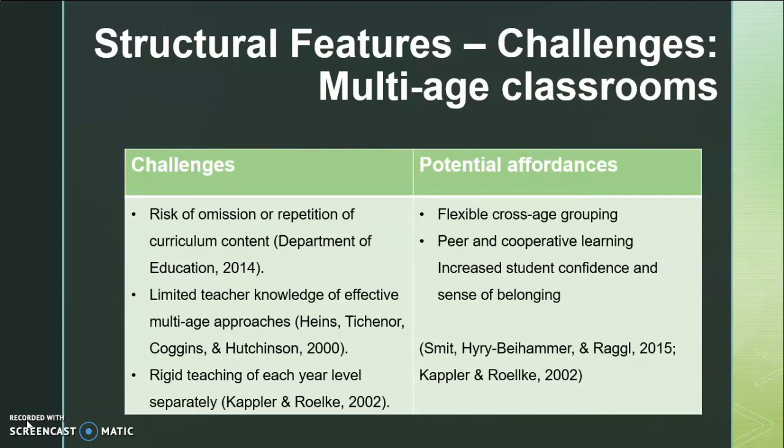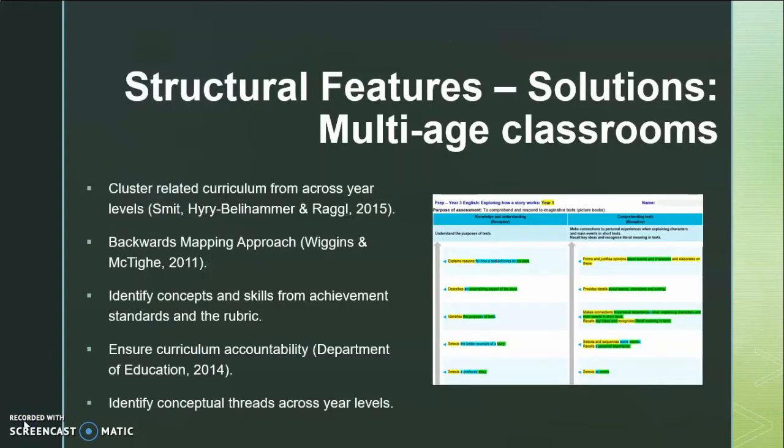This approach does not take advantage of the unique affordances of multi-age classrooms, such as flexible cross-age grouping, peer and cooperative learning, and increased student confidence and sense of belonging in the classroom. To overcome these challenges and take advantage of these affordances, Smith, High-Ride, Byhammer, and Raggle 2015 recommend clustering related curriculum across year levels when planning.